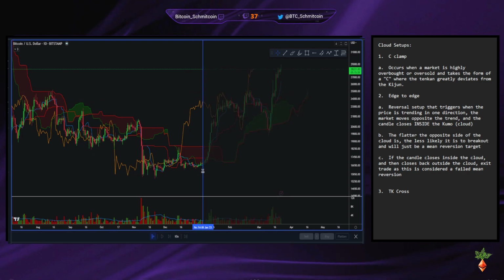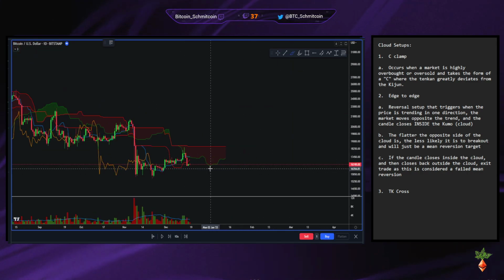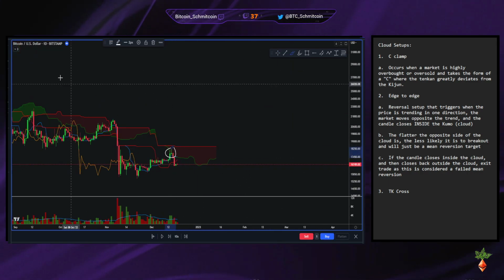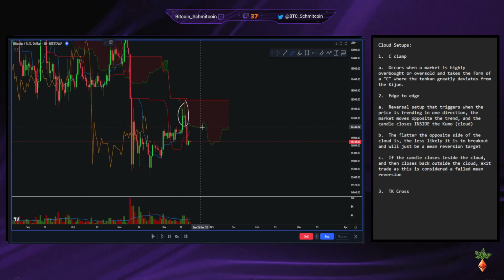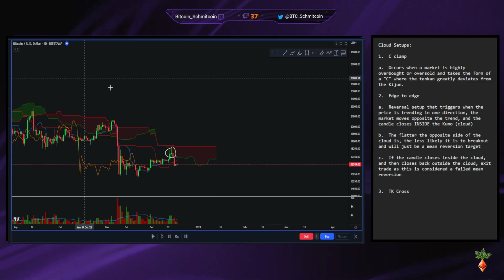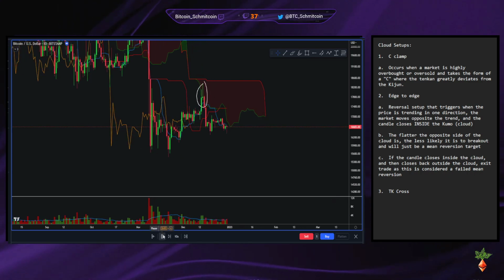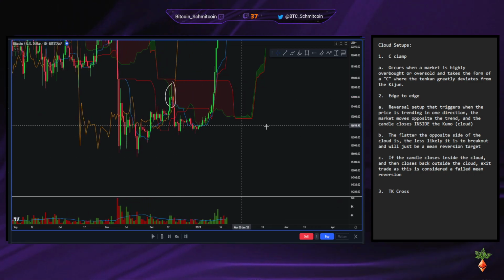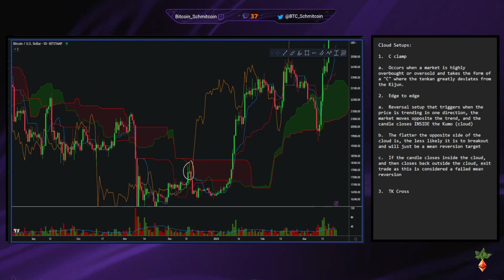If we go back in time, we see that the market came up, closed inside the cloud, closed back outside the cloud, and if we go forward in time, we see how that played out. Now here's an example of when it actually just full-blown breaks out at the top of the cloud.